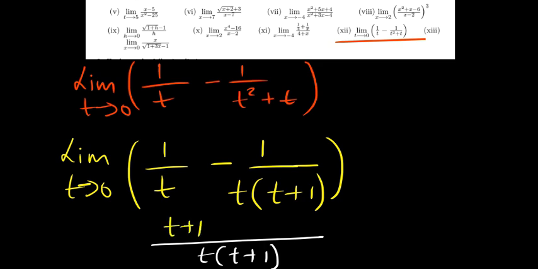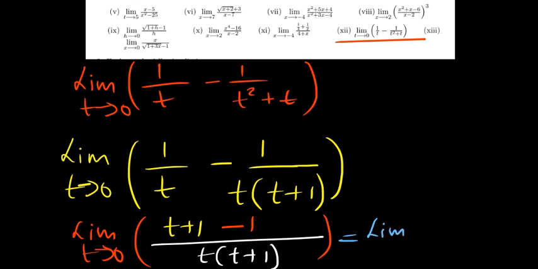And then if I'm going to divide by the whole thing, I'm just going to remain with minus 1. So we have the limit as t approaches 0. I've just performed basic algebra here. And so what remains, we have the limit as t approaches 0. For the top part, only a t will remain. And then the bottom, we have a t and then t plus 1.